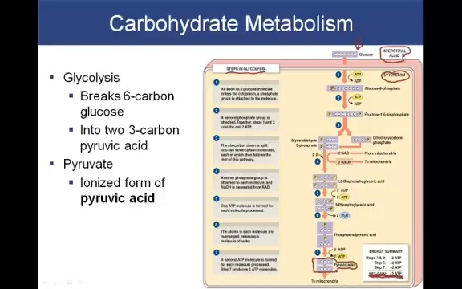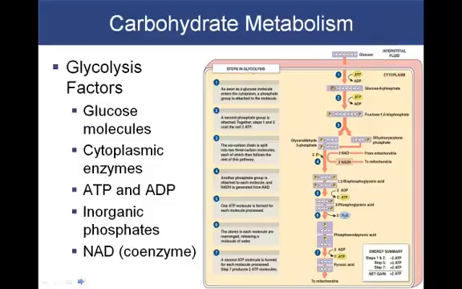So, what are we going to remember? We start off with glucose. It enters the cell, and within the cytoplasm, or the cytosol, we have the steps of glycolysis. And ultimately, we end up with 2 molecules of pyruvic acid and 2 ATP molecules.